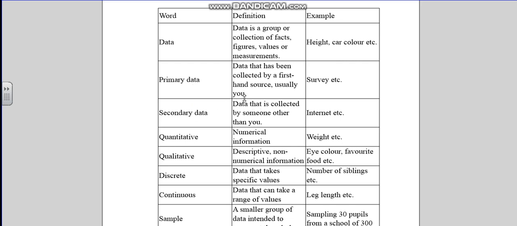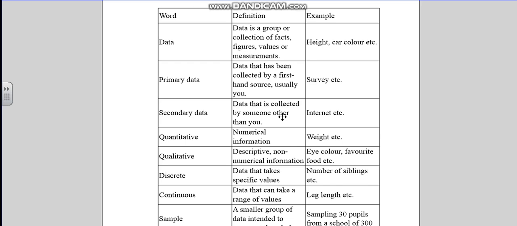So primary data is data that's been collected by a first-hand source, usually yourself. So best way to think of it is data that's been collected by you. So that might be a survey or a questionnaire, or you might have done an experiment in science, for example. Okay. Secondary data is data that's been collected by someone else.